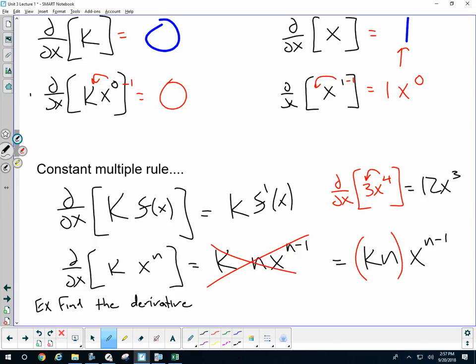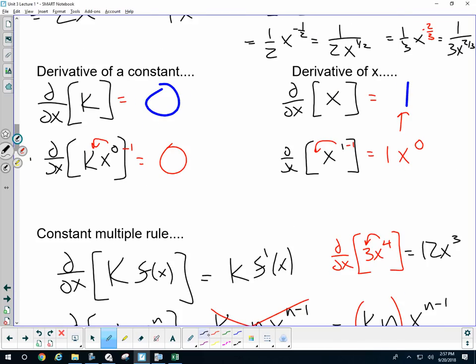Okay, it should come naturally to us just to multiply the original coefficient with the new coefficient in our derivative. This helps us up here if I have, say, a k before the x. What is going to be the derivative of kx? K. It ends up just being the slope of my line. Okay, and it will work in the power rule as well. K times 1, x to 0.